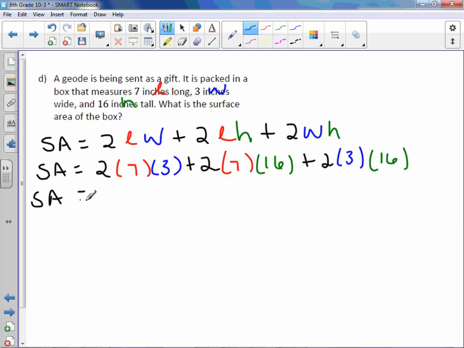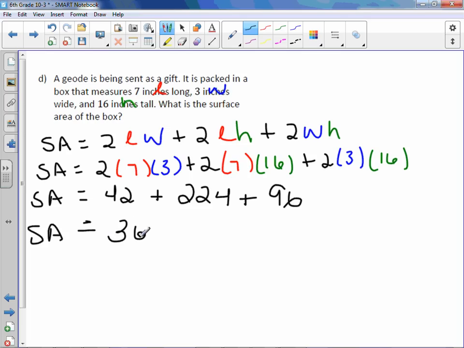Surface area equals 2 times 7 times 3 is 42. 2 times 7 times 16 is 224. And 2 times 3 times 16 is 96. Add those up, and we get a surface area of 362 inches squared.